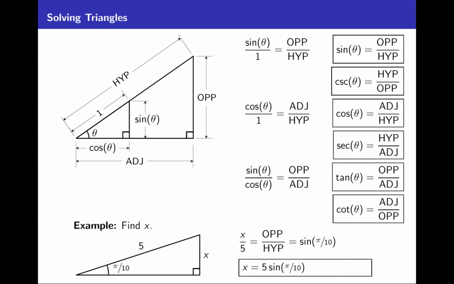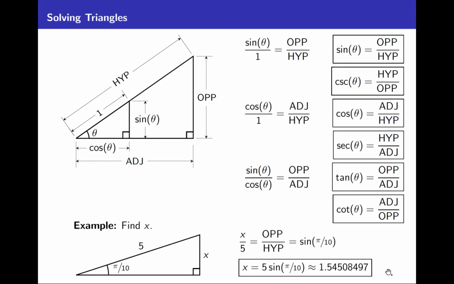Make sure your calculator is in radian mode, because pi over 10 is a radian measure. And punch it in, multiply by 5, and you'll find that x is approximately equal to 1.545, and we've truncated the decimal places here. So it's just an approximation to 8 decimal places.